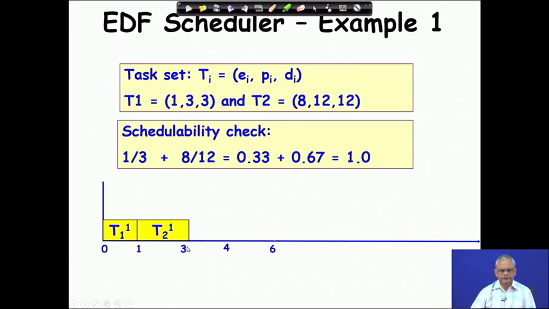time instance 3, the second instance of T1 arrives and then checks the deadline and finds that T1 has lower deadline than T2, and therefore, preempts T2 and T1 starts running, the second instance of T1.